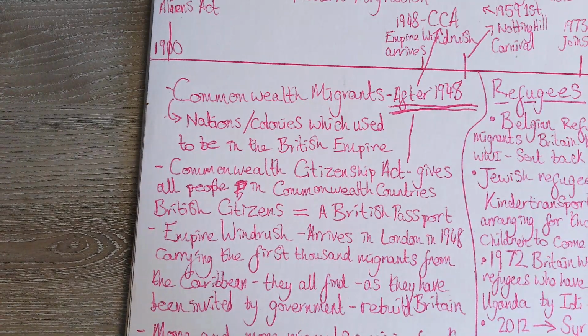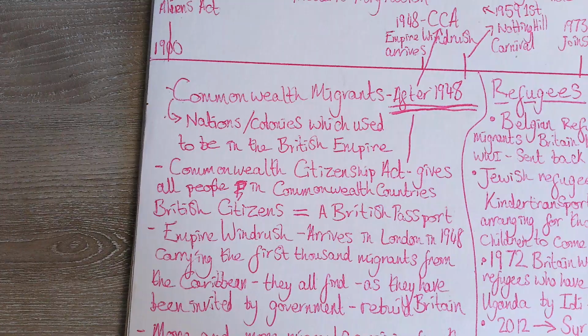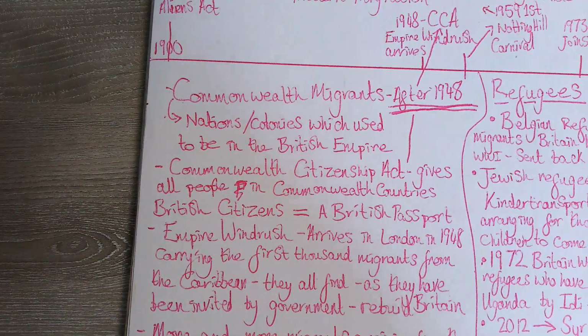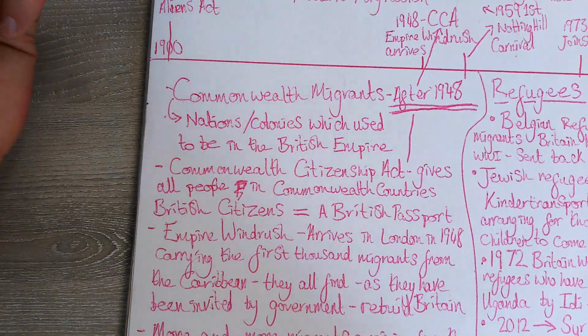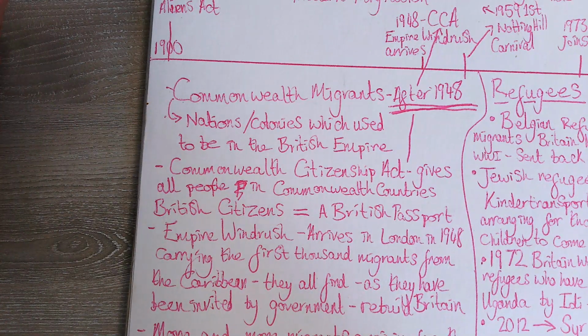The British government are also going out to colonies in the Caribbean, Jamaica and Trinidad and Tobago most typically, but others like British Guyana and Barbados as well, and actually inviting the migrants to come to Britain to rebuild Britain after the war.